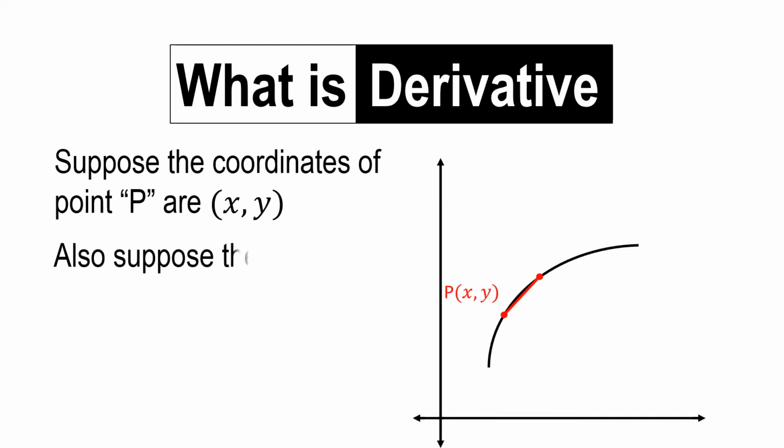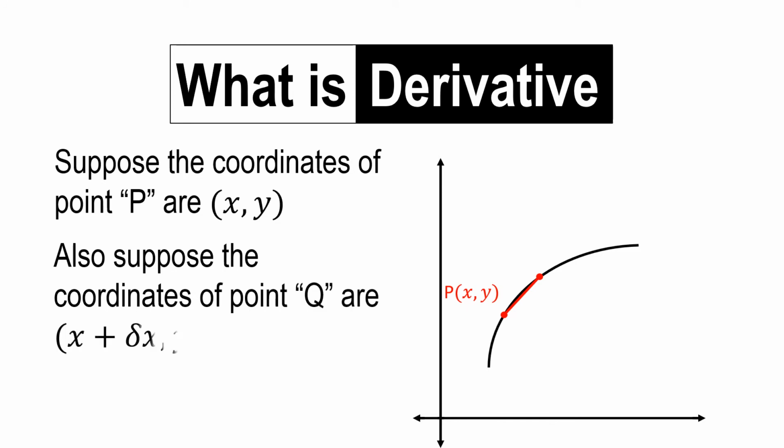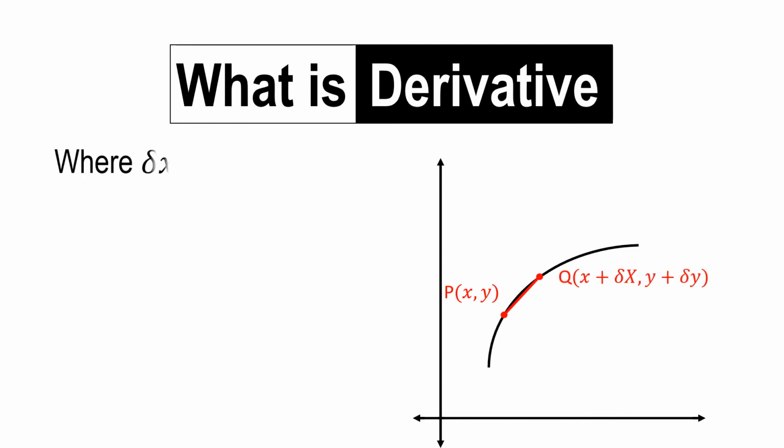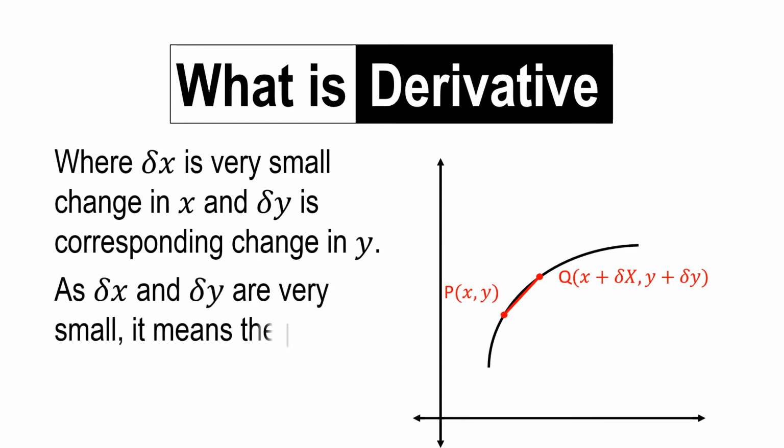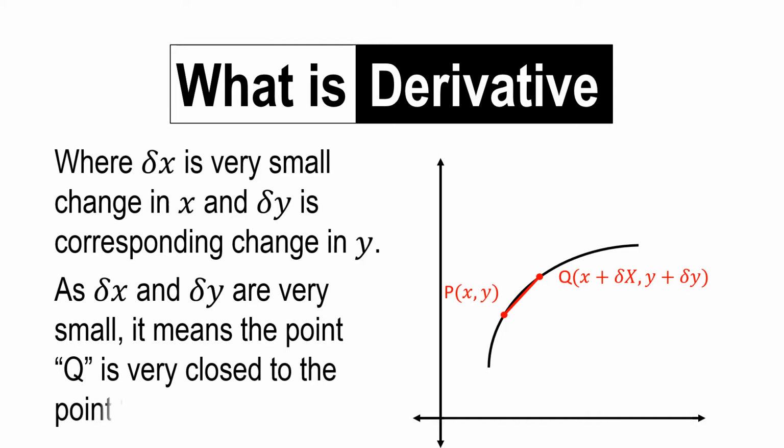Suppose the coordinates of point P are x and y. Also suppose the coordinates of point Q are x plus delta x and y plus delta y, where delta x is very small change in x and delta y is corresponding change in y.